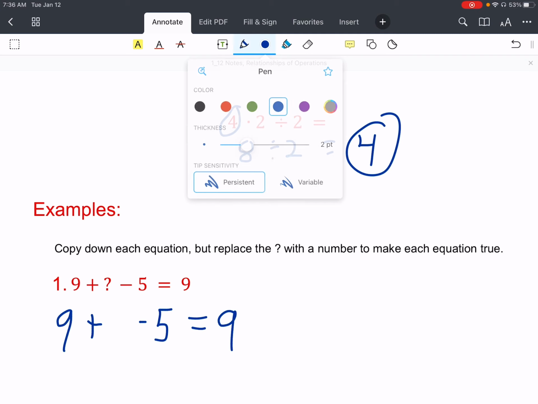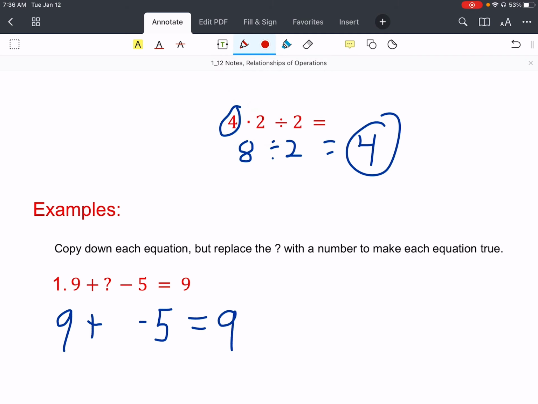I can switch colors maybe. And we can test this out. We could say, yes, 9 plus 5 is 14. And then if we subtract 5, we get back to 9. So all I did was I copied down the equation and I replaced the question mark with a number.